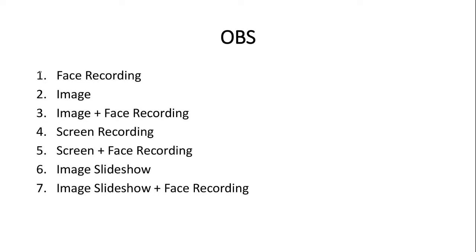First one is face recording, in which you teach something and just record with your face visible; that is termed face recording. Next is image. In this case, your face is not visible, there is an image and you just speak and that audio is recorded, so you can say it is an audio recording.